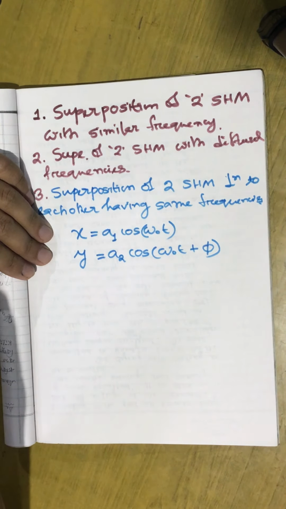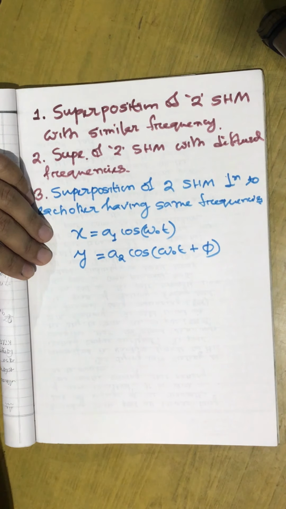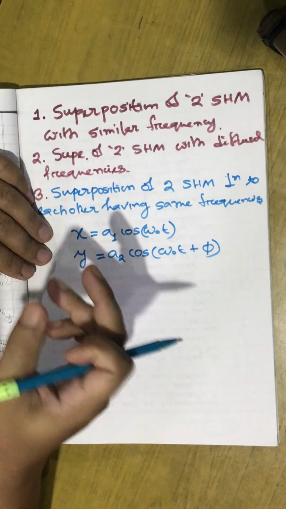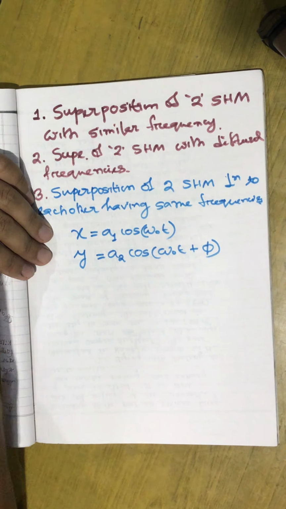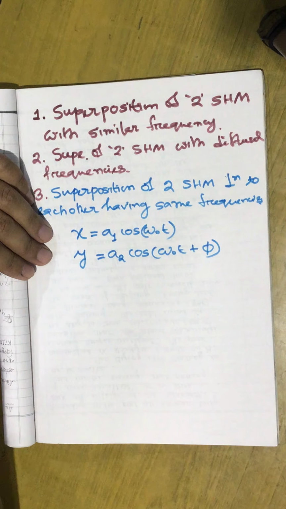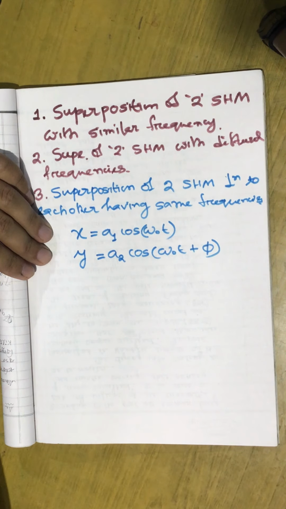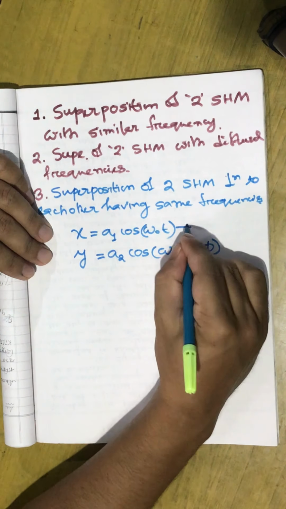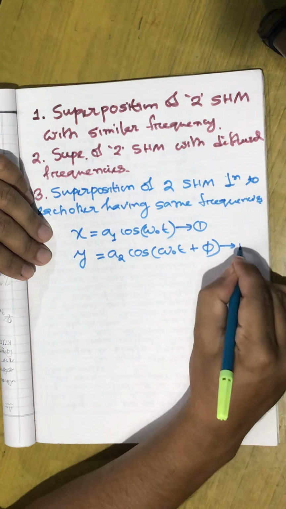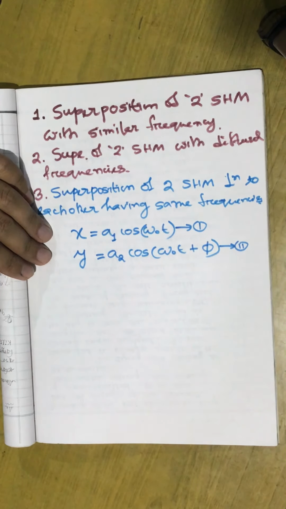Now we have to find the resultant of the two waves. If two simple harmonic motions superimpose, we have to find what type of simple harmonic motion they will result in. Let's say this is equation 1 and this is equation 2. This is a very important derivation.